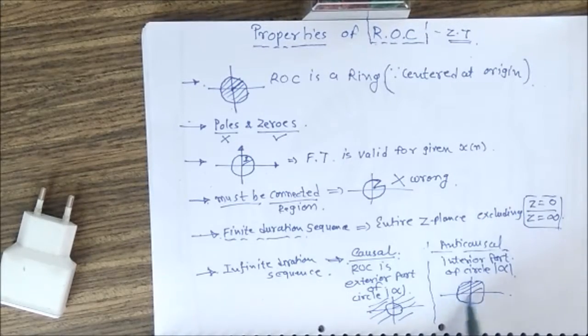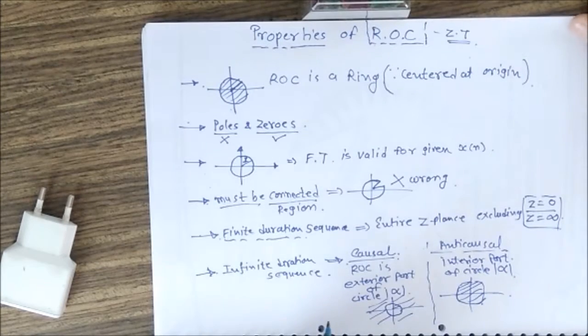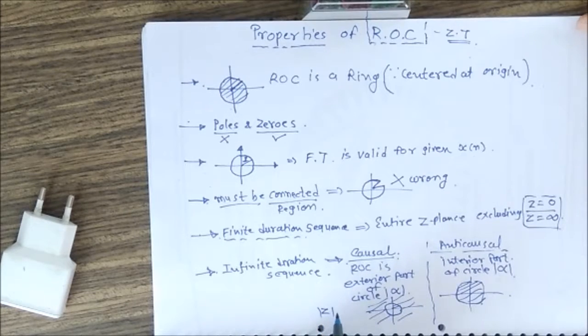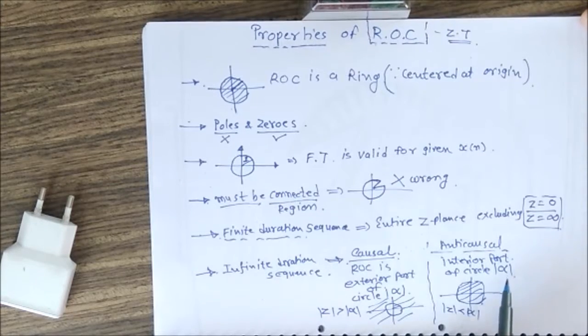So it is the interior part of the circle. In other words, we can say over here the values of Z are greater than alpha, and over here the values of Z will be less than alpha. The alpha depends on the input sequence.